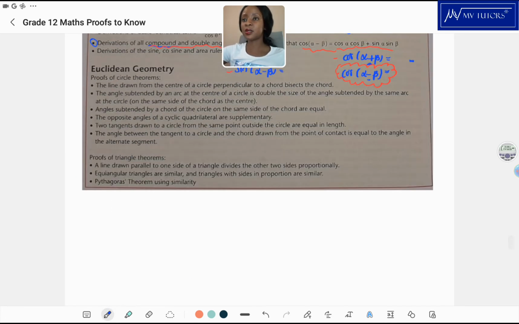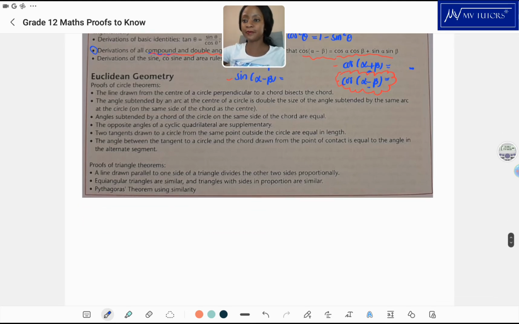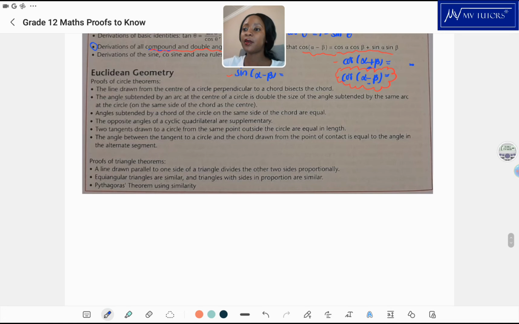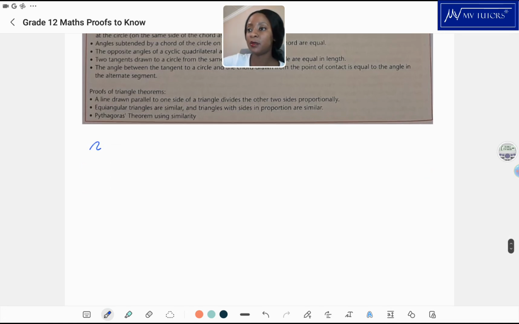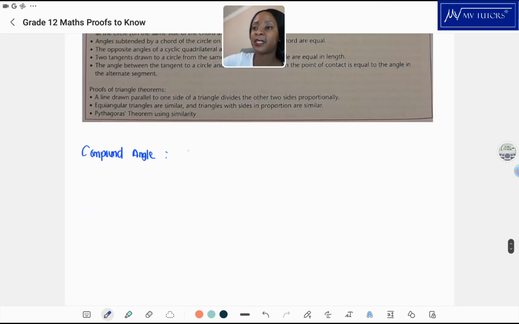So I'm going to start with the compound angle. We're going to prove the one that they've given us here, cos alpha minus beta.